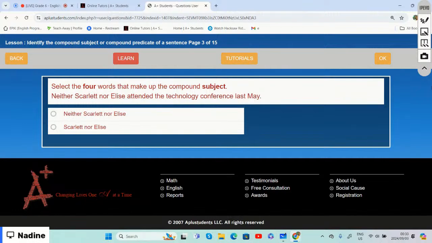Now we write option two. It says select the four words that make up the compound subject.